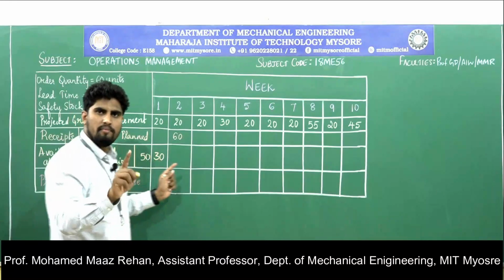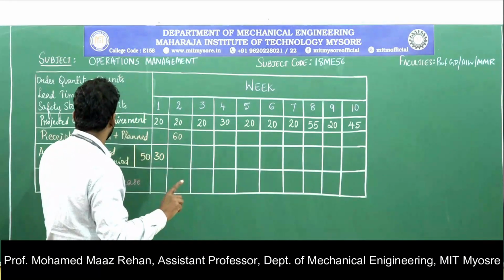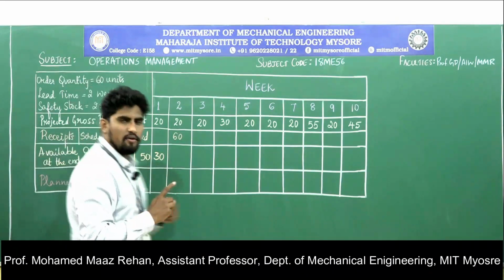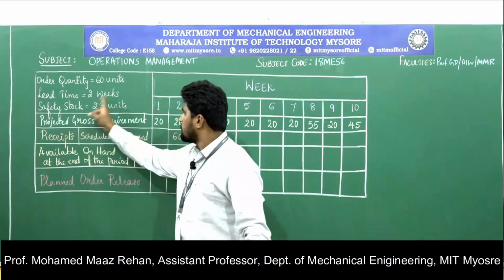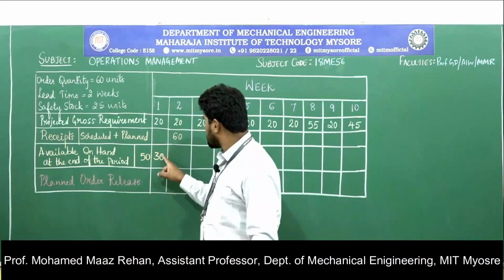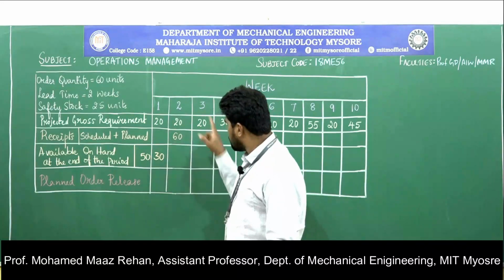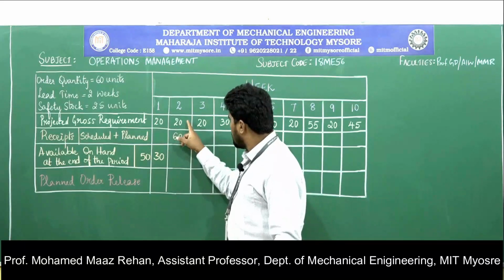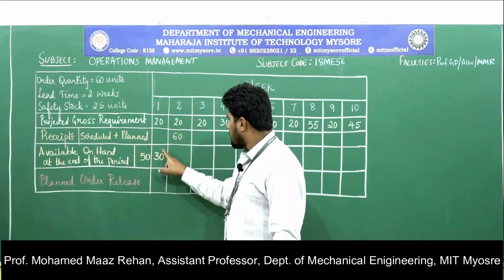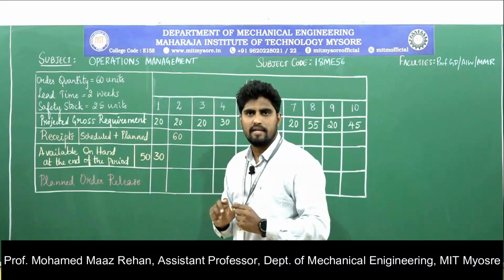You have to remember one thing, the safety stock should be 25 units. It has not gone below 25 units, so not a problem. We shall move on to the next week. In the next week the demand is 20 and on hand you have only 30 units.